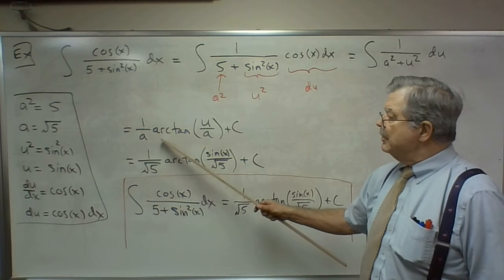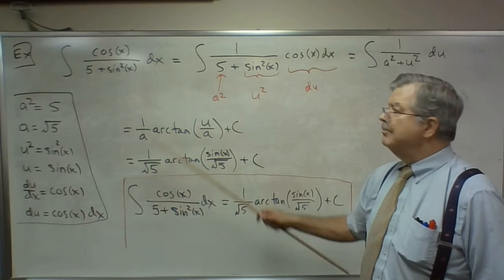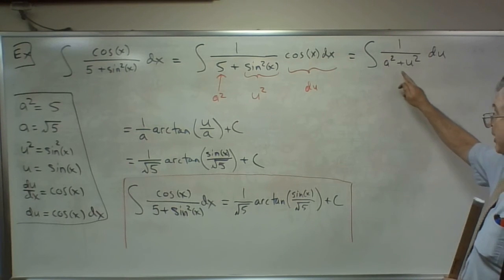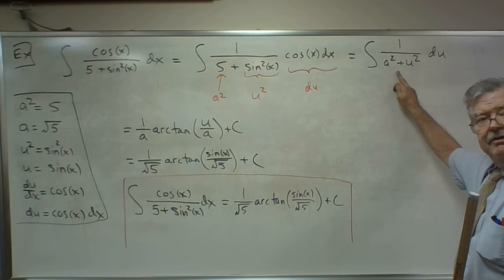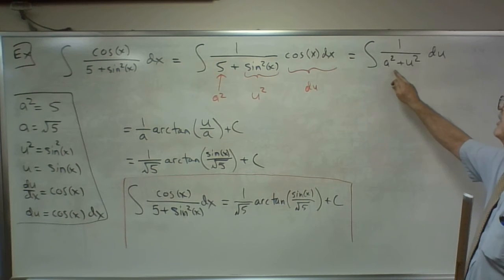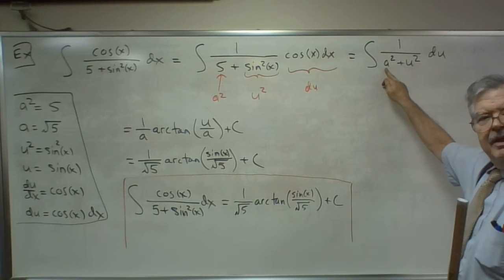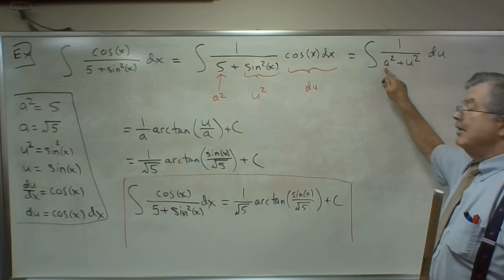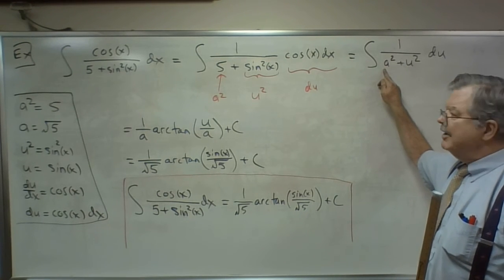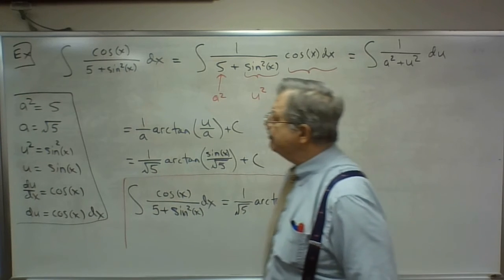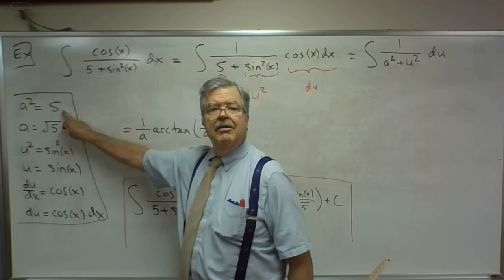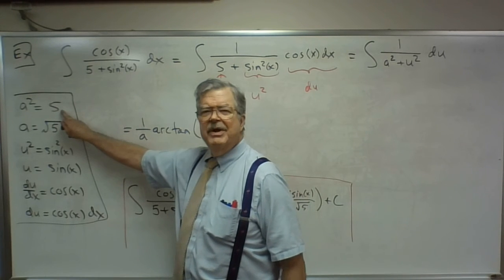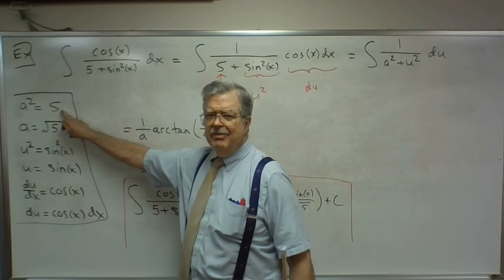When we see one of these formulas for arc trig functions, and we have a squared, it does not have to be the square of an integer. A squared can be any real number.